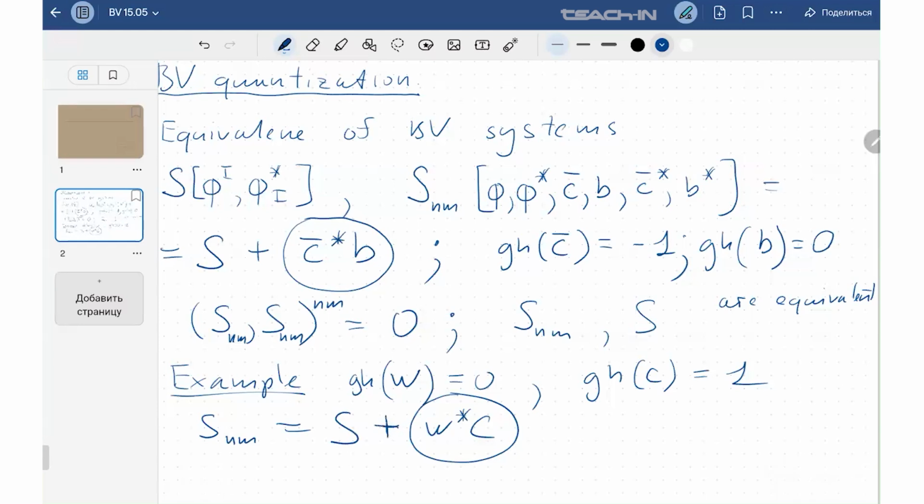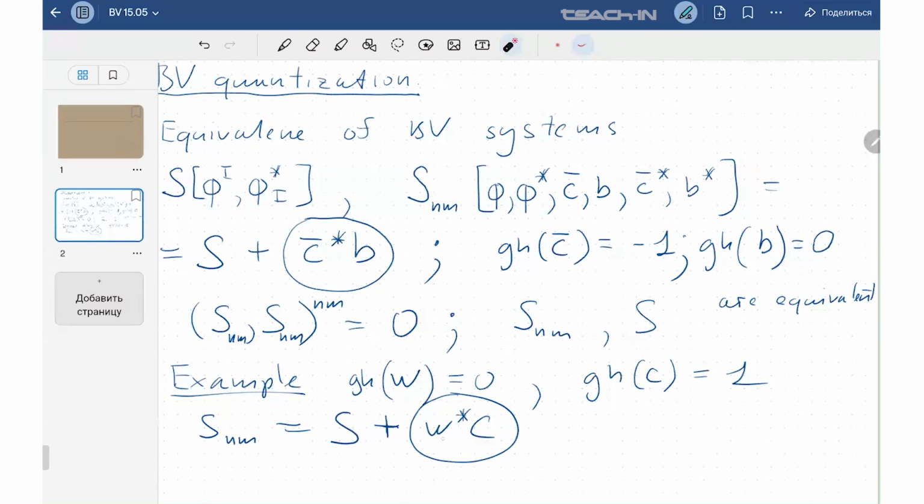Any idea? So the term which we just considered in the previous example was just a term with auxiliary fields. So c bar star and b are auxiliary fields. They are eliminated by their own equations of motion. They were in degree 0. Now we added a different set of fields.